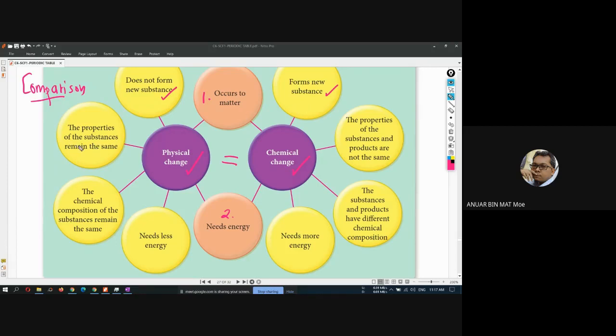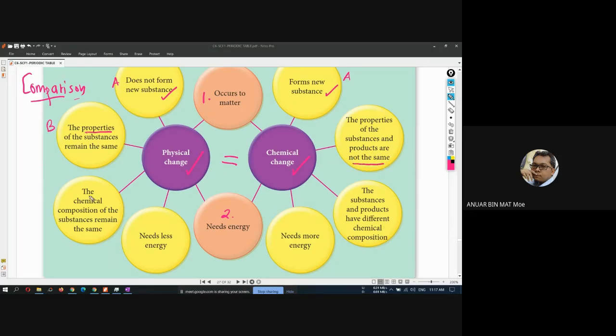Okay, next, number 2. This is A, and this is B. For physical changes, the properties of the substance remain the same. For chemical changes, the properties of the substance are not the same.